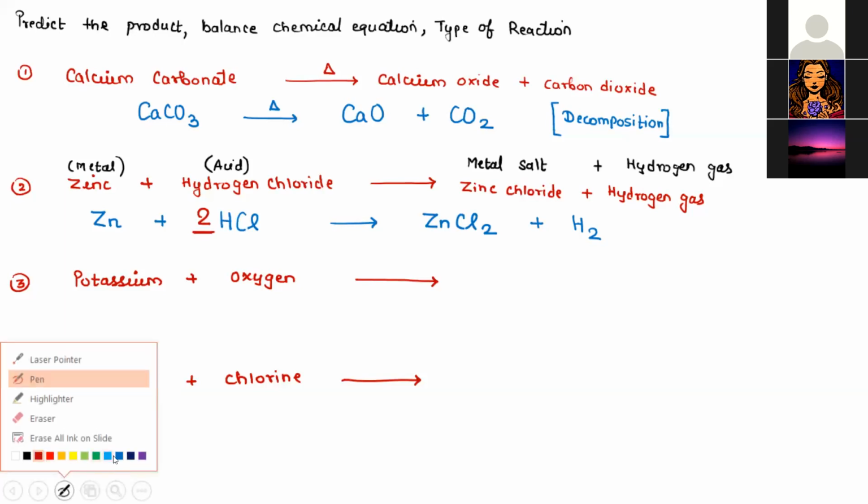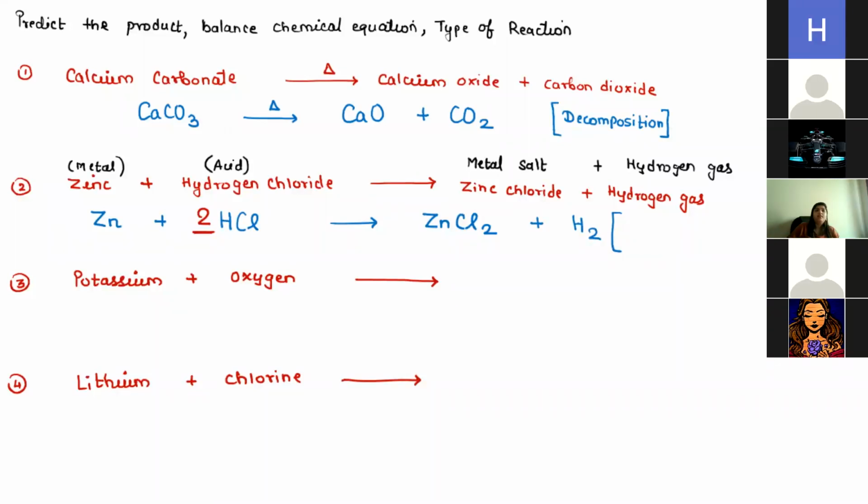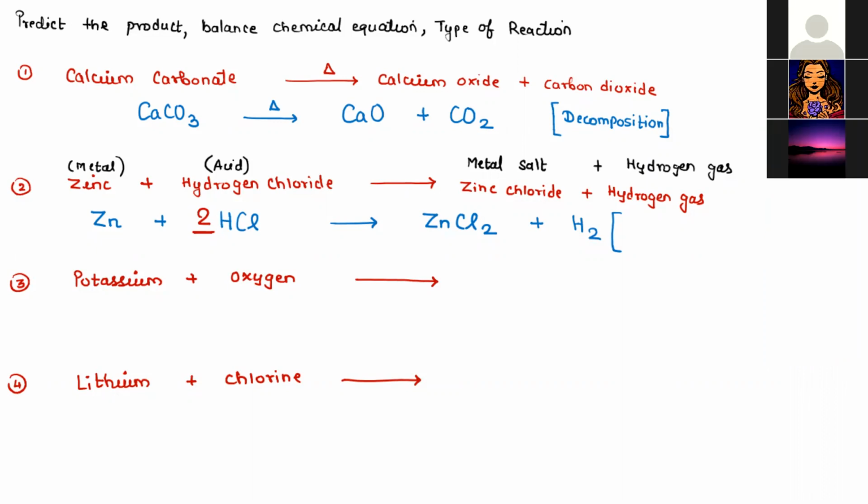And the type of reaction will be, Amima, can you tell me what will be the type of reaction? Huda and Hazik, you can write your answers in the chat box. Amima, can you tell me what is the type of reaction? Composition. Decomposition. Is it one reactant which is getting broken?